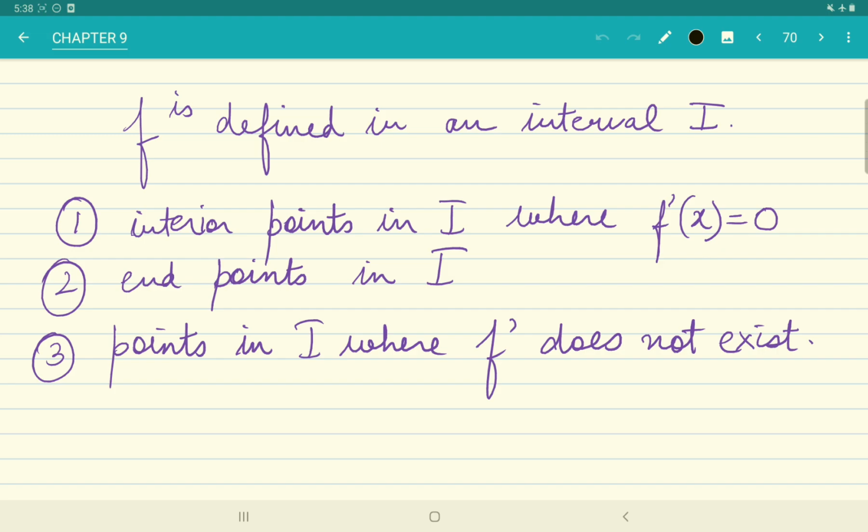We would like to take up interior points in I where f prime x is equal to 0. We would like to take up the end points in I. We would like to take up points in I where f prime does not exist.